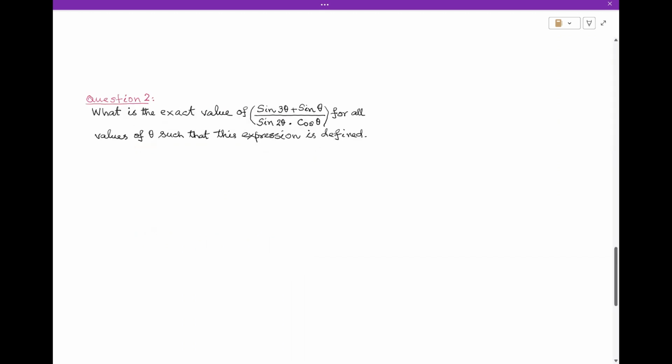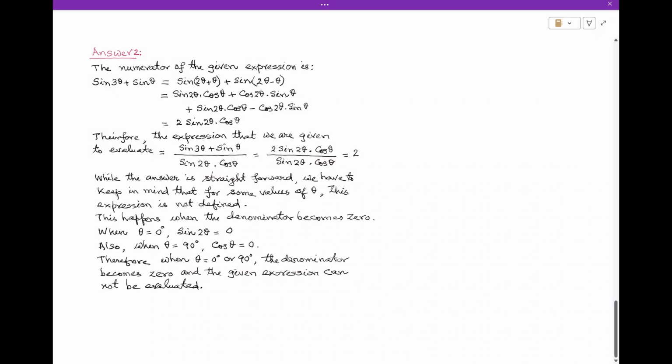The second question is, what is the exact value of (sine 3 theta plus sine theta) divided by (sine 2 theta multiplied by cos theta) for all values of theta such that the expression is defined? The numerator of the given expression is sine 3 theta plus sine theta.